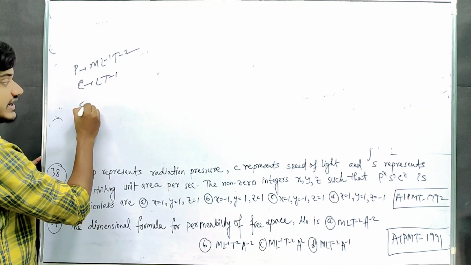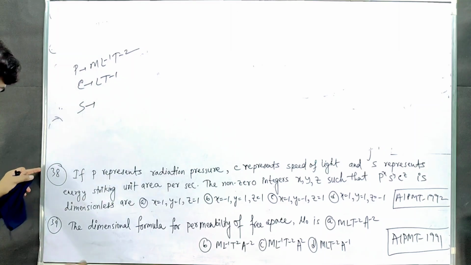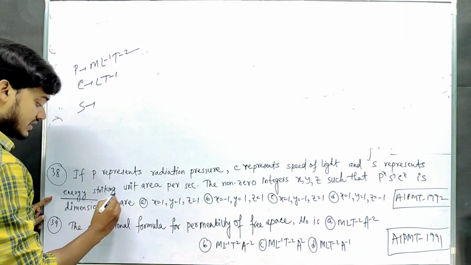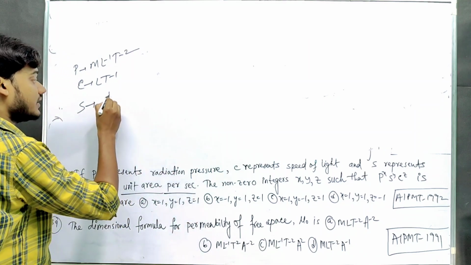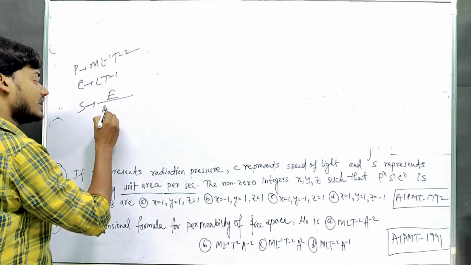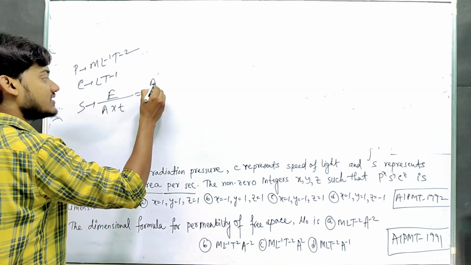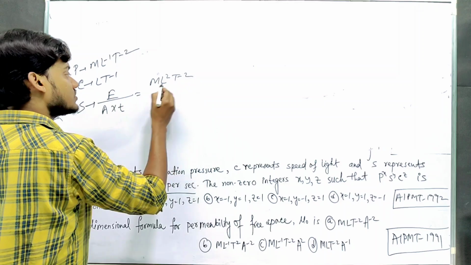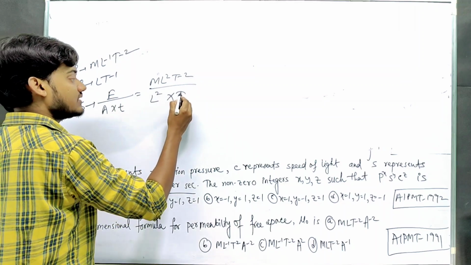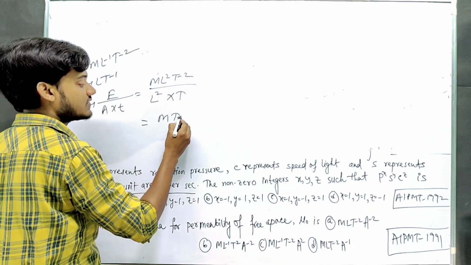Next, S. This is the new term you have to understand. Energy per unit area per second. Energy is M L square T inverse 2, area is L square, time is T. So the answer is M T inverse 3.